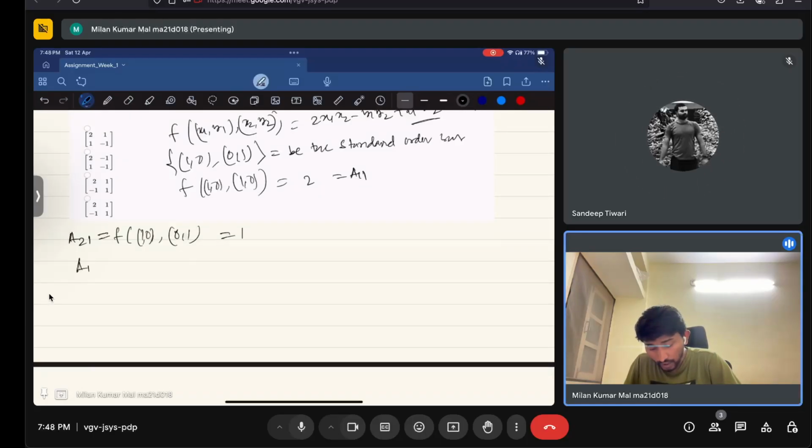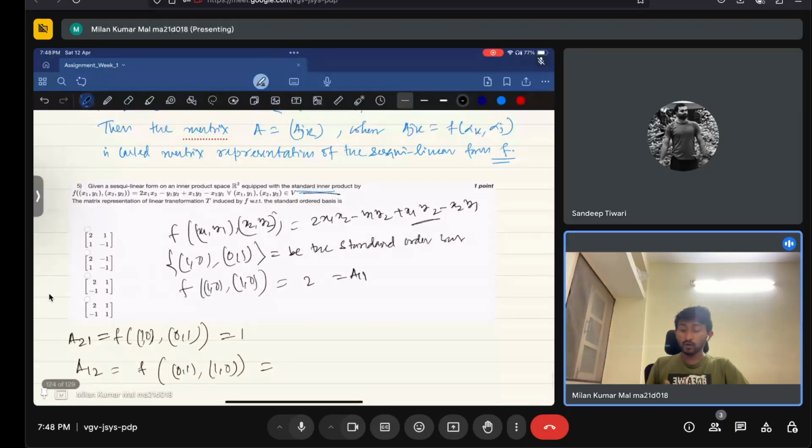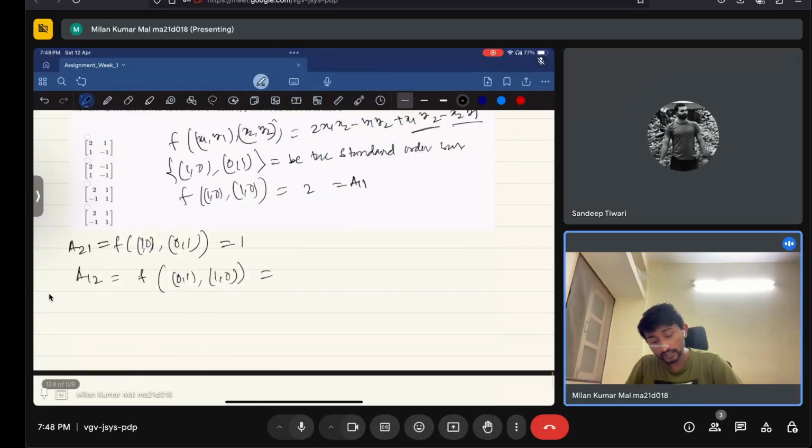So a12, what is that? That is F of (0,1) comma (1,0). Here y1 is non-zero and y2 is 0, so x2y1 will survive, and this will be minus 1.